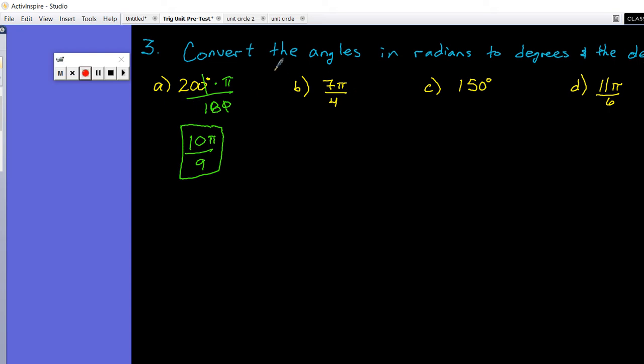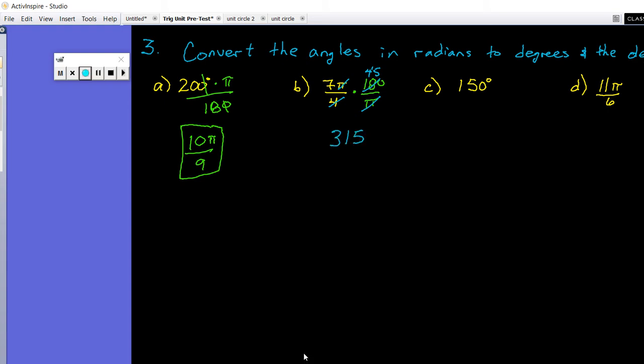To convert from radians to degrees, you times by 180 and divide it by pi. So our pi's cross cancel. So our pi's go away. And we have 7 times 180 divided by 4. 180 divided by 4 is 45. So 7 times 45 is 315.